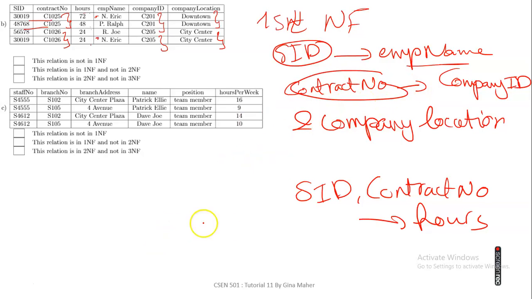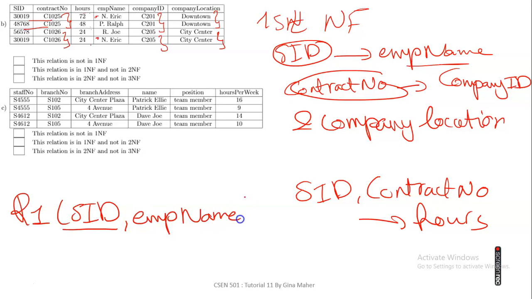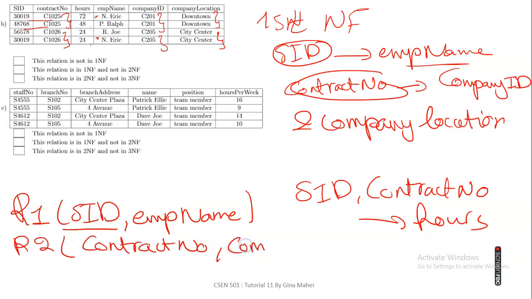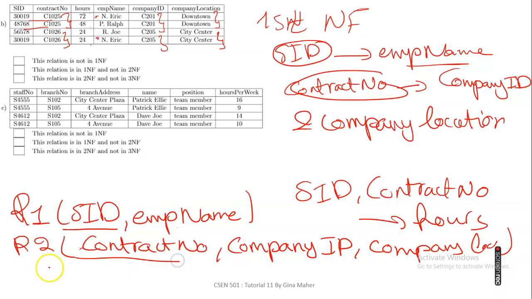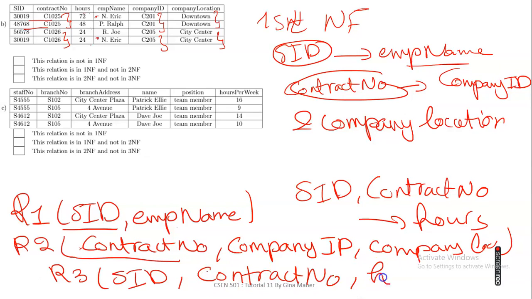We need to normalize it, so first we will have R1 with SID and employee name, R2 with contract number, company ID, company location, and R3 with SID, contract number, hours.